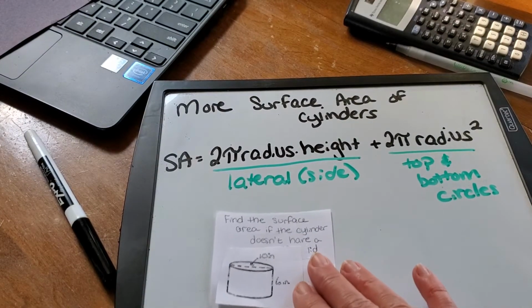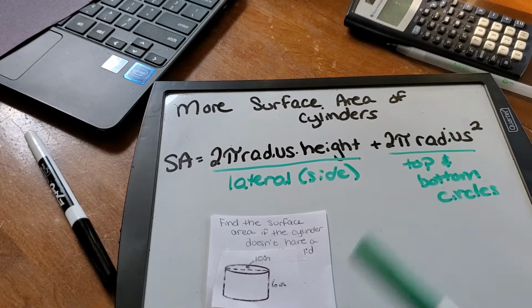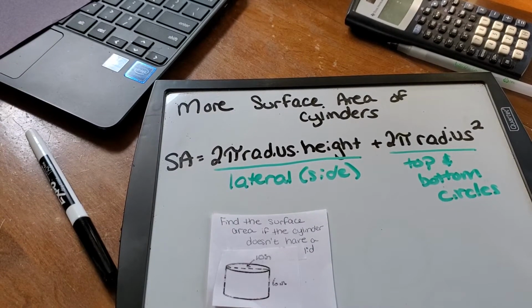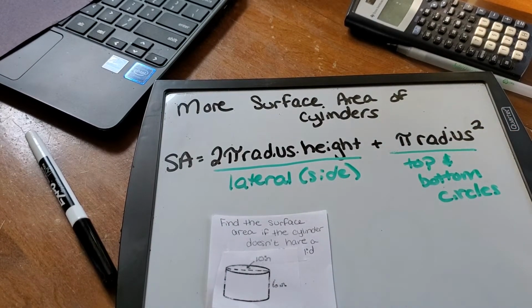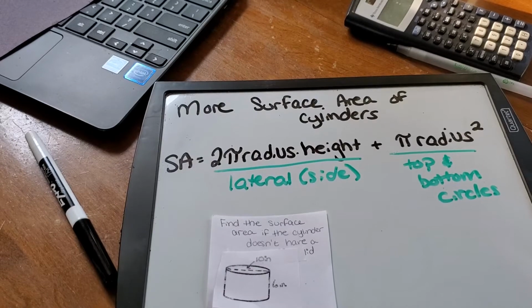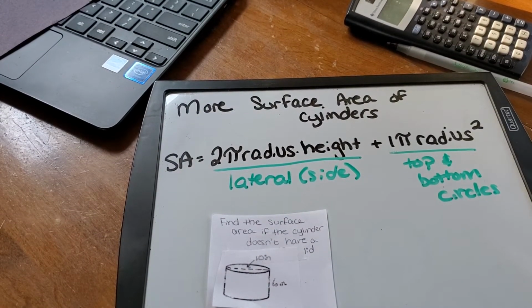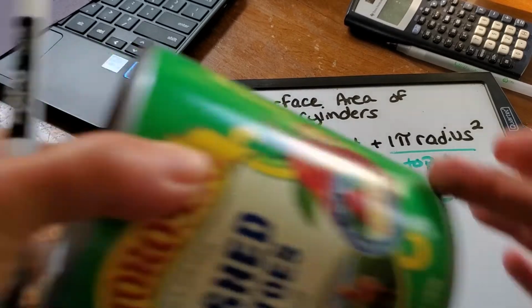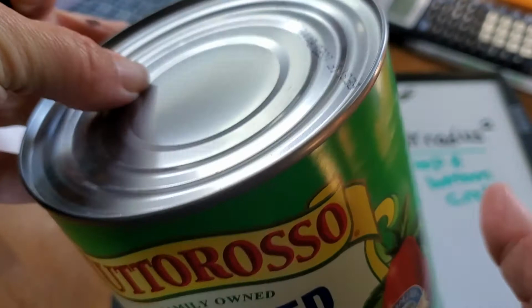So if it doesn't have a lid, you don't have a top and a bottom circle, you only have a bottom circle. So we're going to just change this 2 pi r squared to just 1 pi r squared. You can put a 1 there, or you can just leave it right out. It doesn't really matter. That way we're still finding the lateral area around the side of the can and the bottom, just not the top.